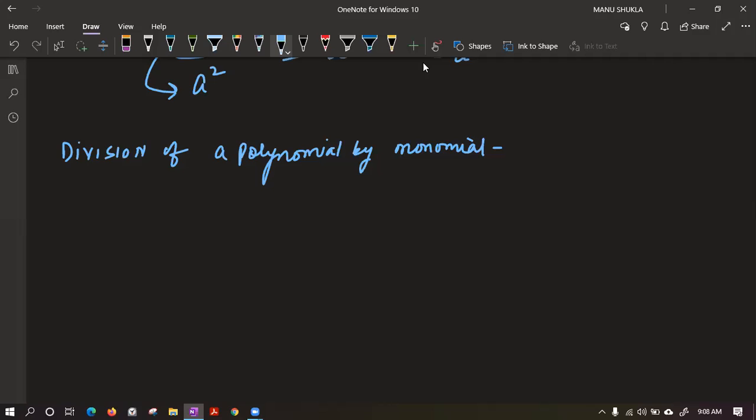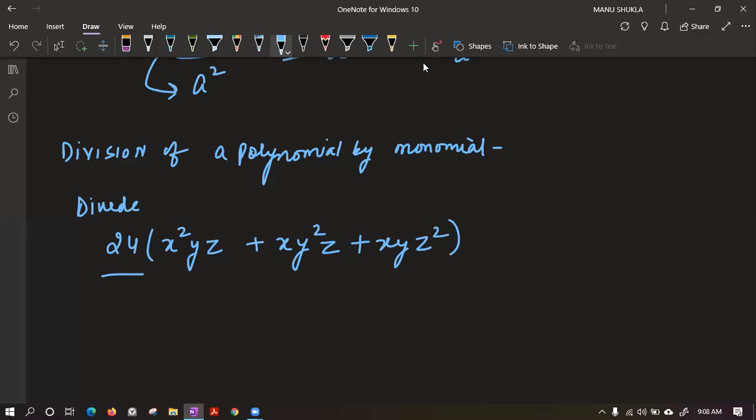Please see an example. Suppose we have to divide 24 x square yz plus xy square z plus xyz square divided by 8xyz.